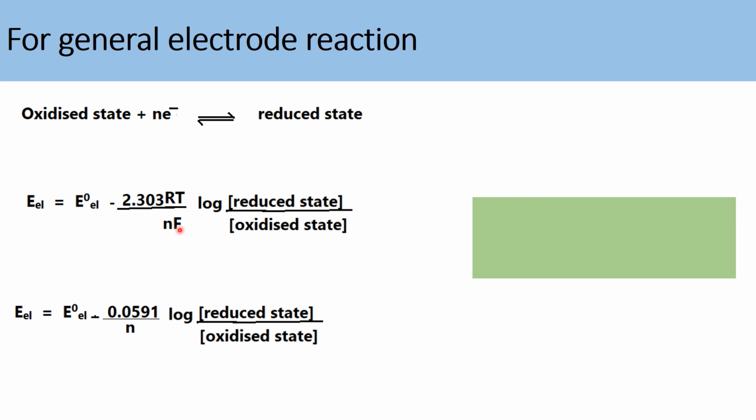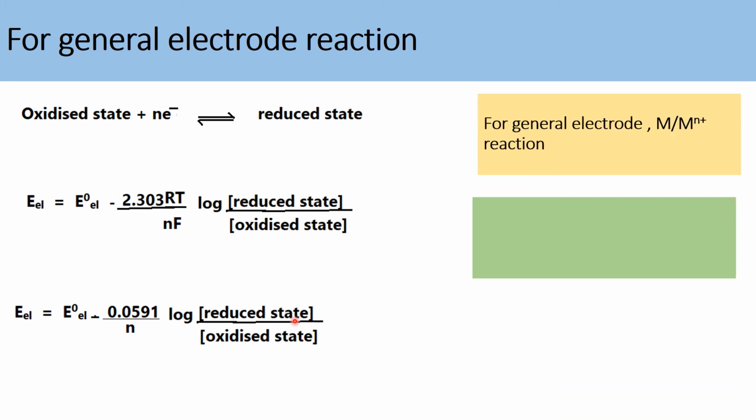That can be simplified: if we apply the universal gas constant value 8.314, the temperature 298 Kelvin and the Faraday constant 96,500 coulombs, we get the simplified form of the Nernst equation, that is, E is equal to E0 minus 0.0591 by n log molar concentration of the reduced state by molar concentration of the oxidized state.